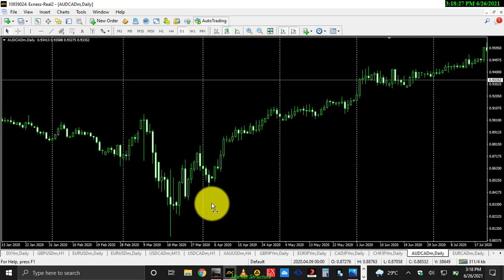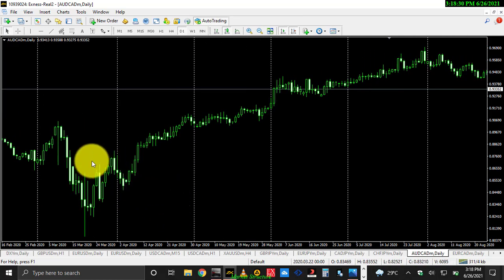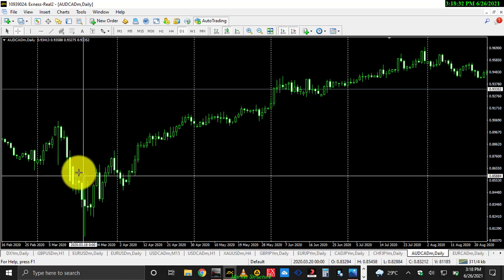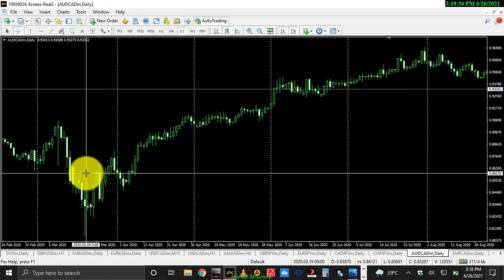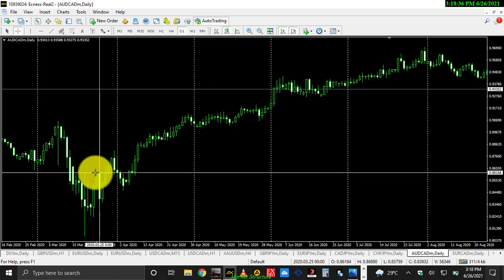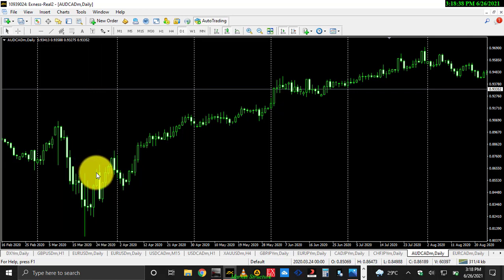Then we had our first BMS here. This high was taken out here. Price had a pullback. Then the next target was here. We had a pullback. The next target is there. Now from here, the next target is here.